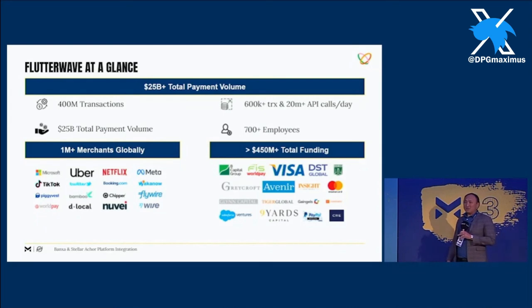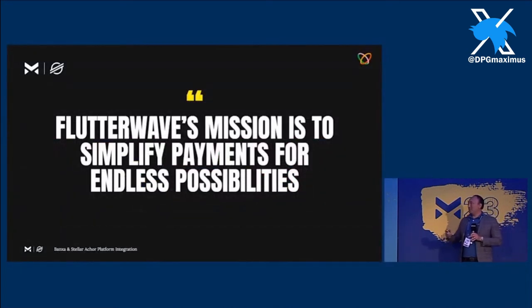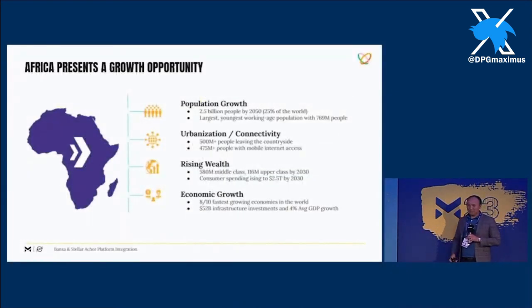We have now 700 global employees, so we do have folks in Africa, but we have folks all over as well. Myself, I'm based in San Francisco, so for those who visit, let me know. We're also close to the Stellar offices out there. Our mission is primarily to simplify payments for endless possibilities. So I want to talk to you a little bit about some of the endless possibilities that we're working on and some of the possibilities going forward as well.